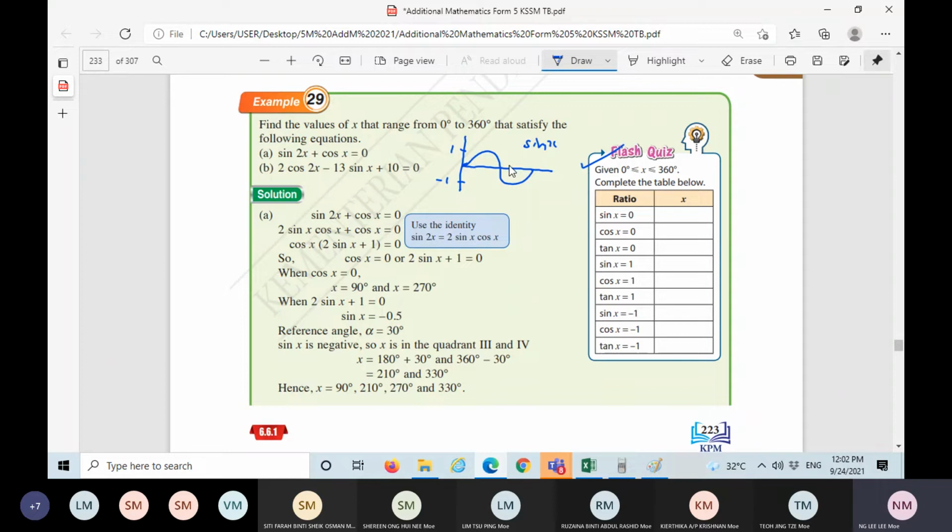Here is a 0. So here 360 degrees, here 0 degrees. Middle, this is 180 degrees. This one is another middle, 90 degrees. This is in between 180 to 360, this is 270. So find sine x is equal to 0 is here. So x is at 0 here, 180 here, and 360.